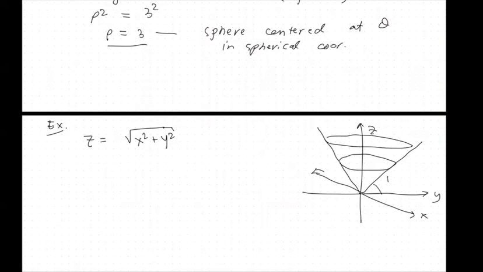The angle here is pi over 4, the angle from the z-axis to this cone. So this is your cone.